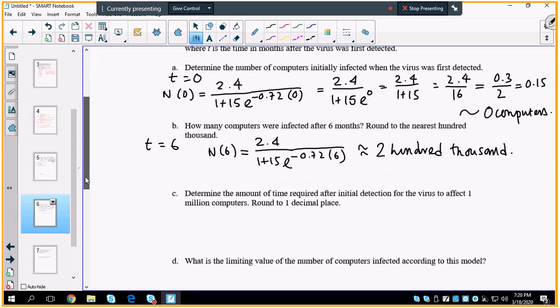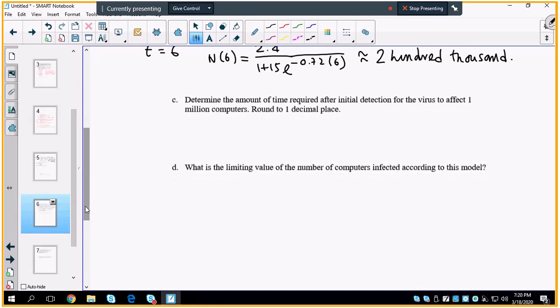Determine the amount of time required after initial detection for the virus to affect 1 million computers, rounded to 1 decimal place. So remember, 1 million is how many zeros after 1? 1,000, 10,000, 100,000, and this is 1 million.